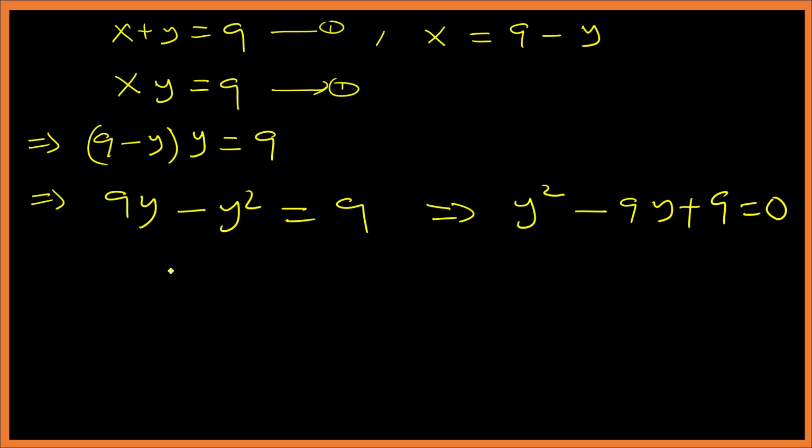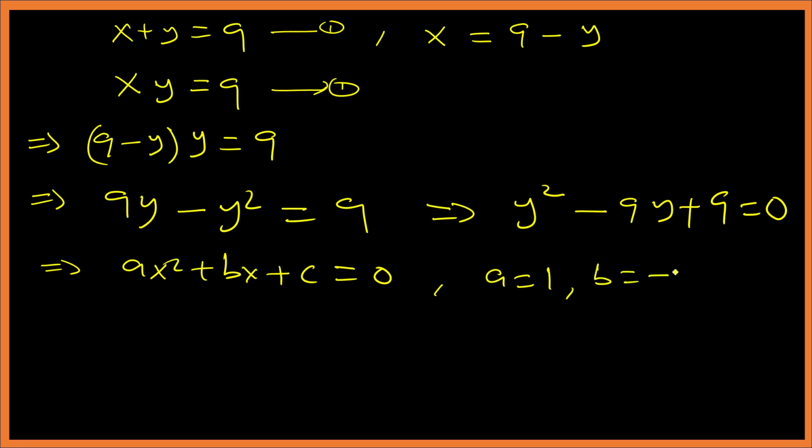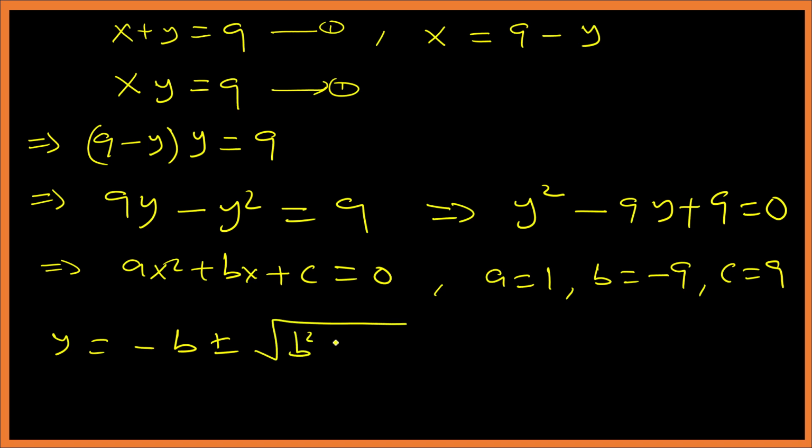If I compare this with the general quadratic ax squared plus bx plus c equal to 0, my a is 1, my b is minus 9, then c is 9. So using the formula, we have minus b plus or minus the square root of b squared minus 4ac, all over 2a.